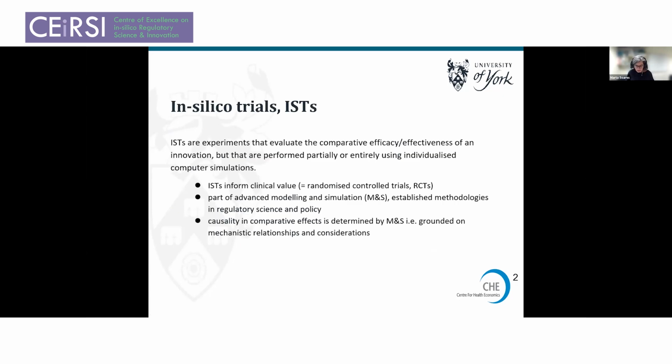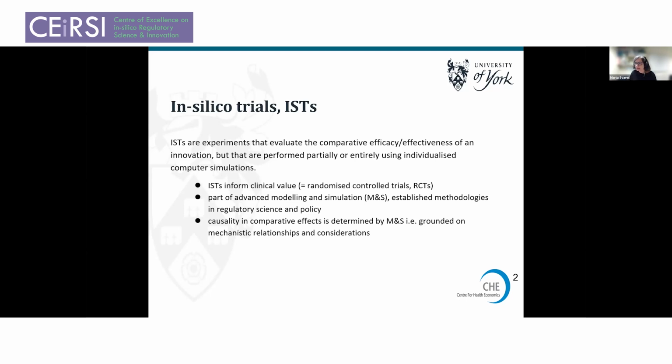To frame the context of this presentation, modeling and simulation is used and can provide support for many of the elements that are looked at in regulation and even in funding processes. Here we are grounding this presentation in in-silico trials, abbreviated here to ISTs.